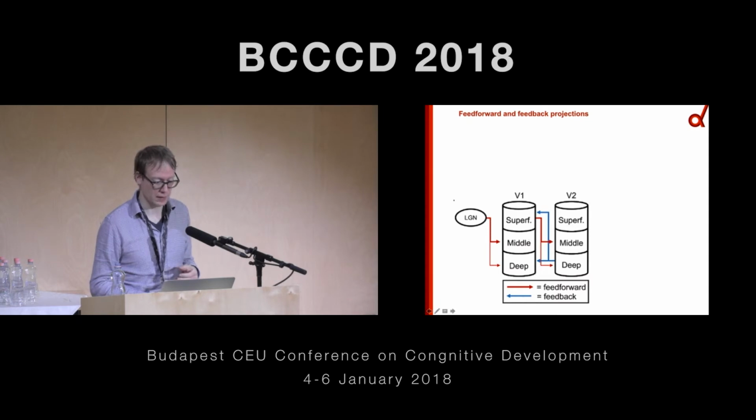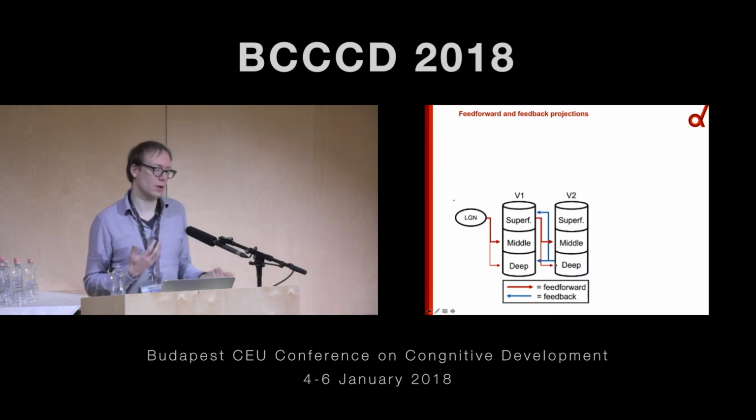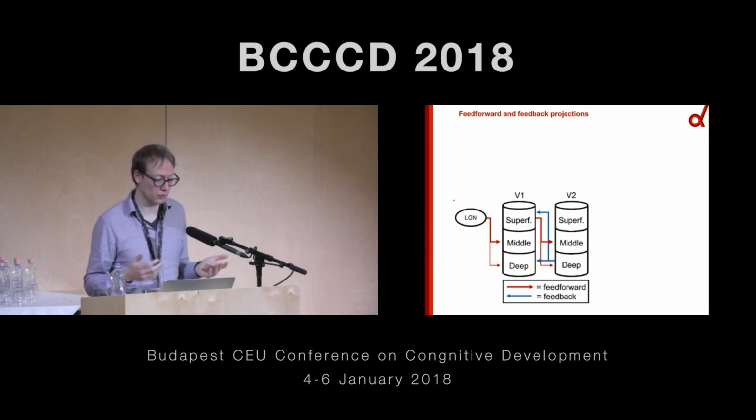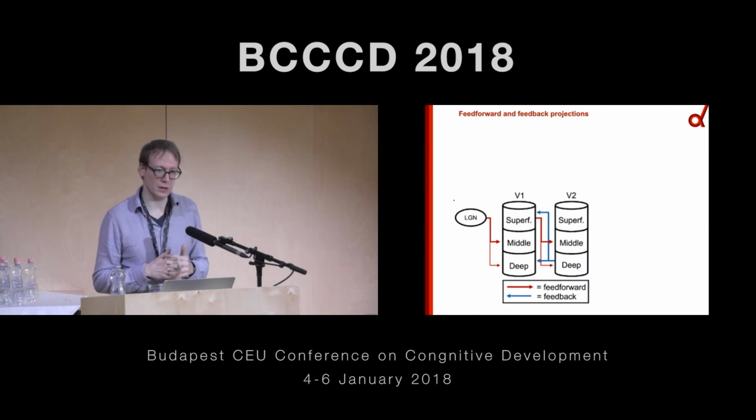They originate typically from the deep layers, and they target both the deep and the superficial layer of a preceding cortical area. So that's a very nice way that we can try to disentangle feed-forward and feedback modulations. And this might also be a way in which thoughts can be separated from actual input.